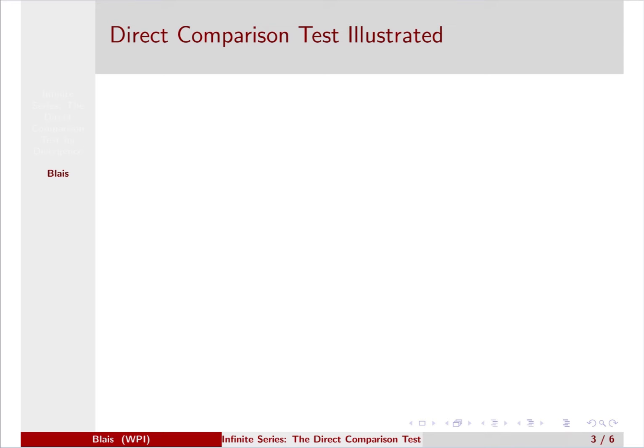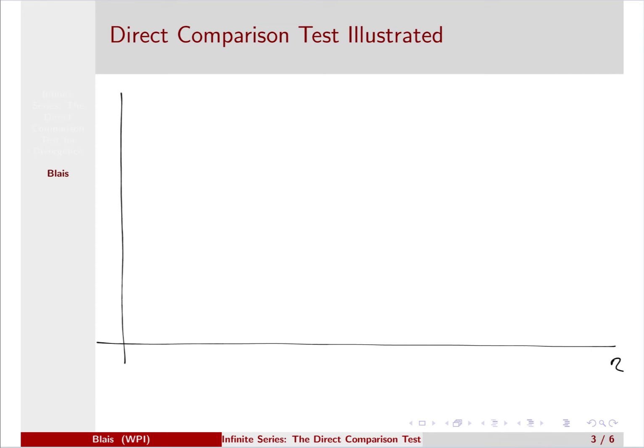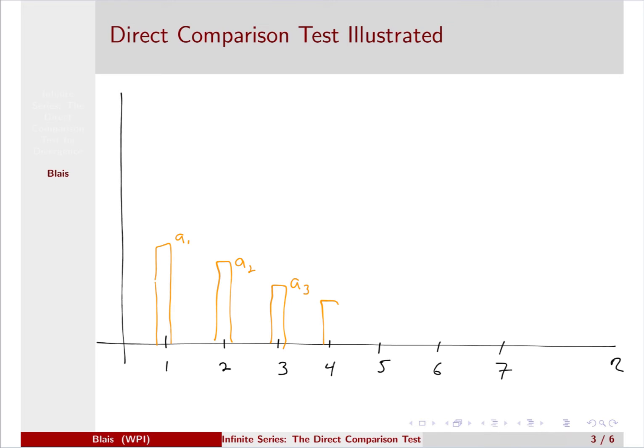If we illustrate this, we can think of each of these series as a sum of areas. And so our given series, A1, A2, A3, so we're just creating a visual depiction of what we mean by adding up our a sub n's, and we'll think of it as this orange area.